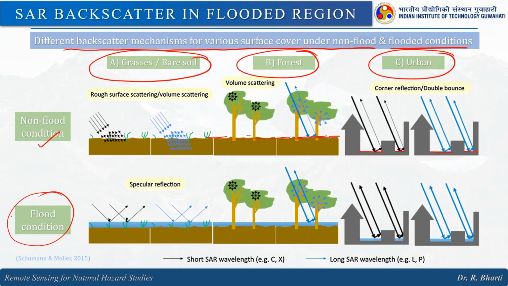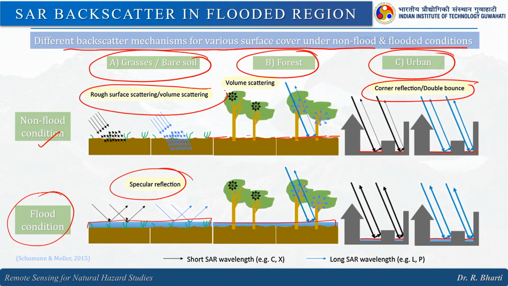When we have the flood condition, the specular reflection will start working and then this area will be partially submerged with water, right. And in the urban area also this is happening. Because of the double reflection or the double bounce reflection, it will be hard to detect, or the signal will get modified, and it was supposed to come as a dark pixel, but it will be a brighter pixel, right.